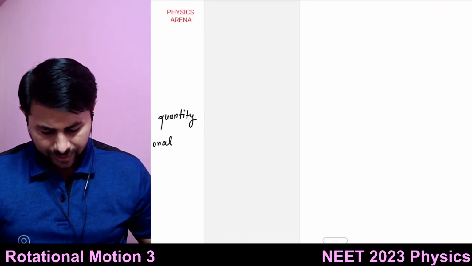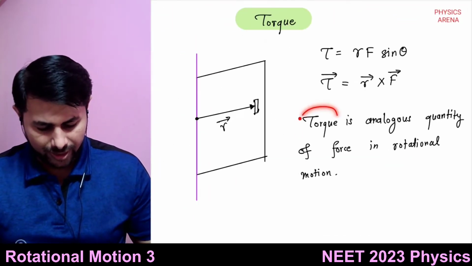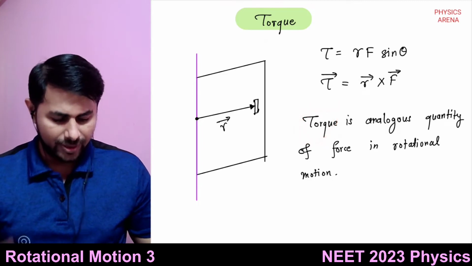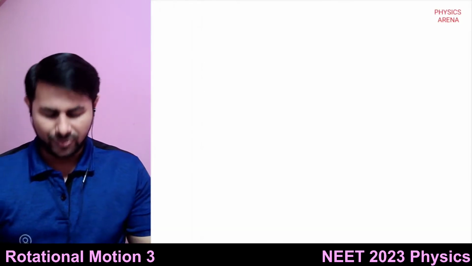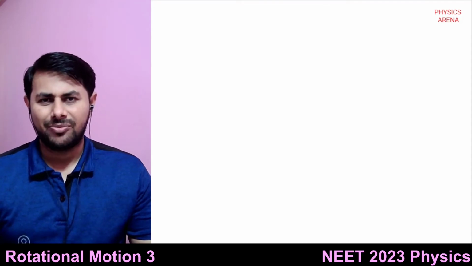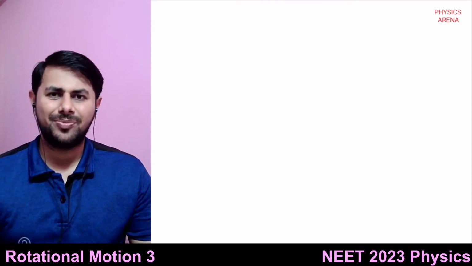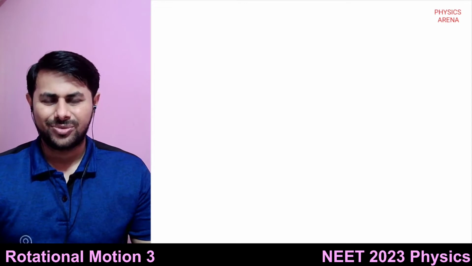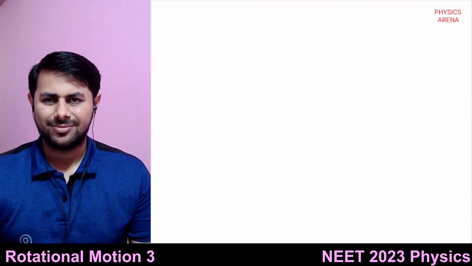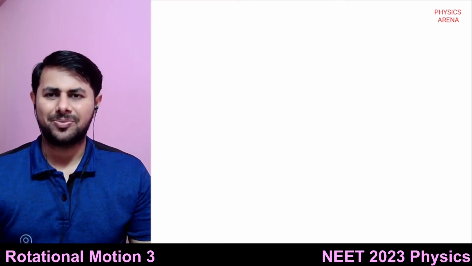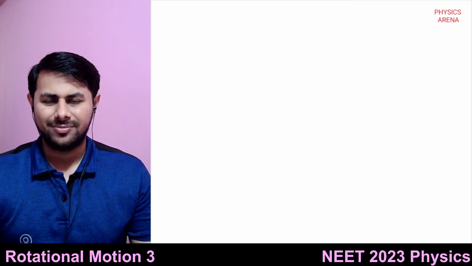So we have this quantity torque, which is analogous to the force in linear motion. Now we need a quantity which determines the state of rotational motion. So which is the quantity which tells you about the state of linear motion? What is the measure of motion of a body?